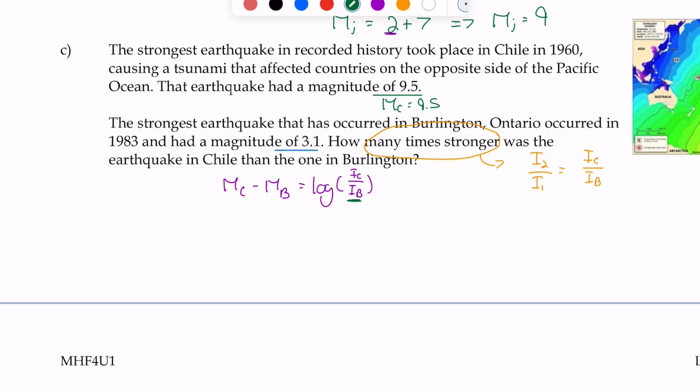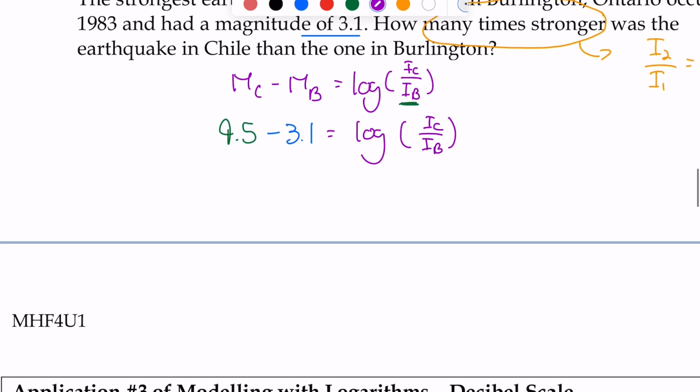So we have 9.5 subtracting 3.1, and that is equal to log of our ratio of intensities. So 9.5 take away 3.1, well, that is going to be 6.4 equals log of IC over IB.